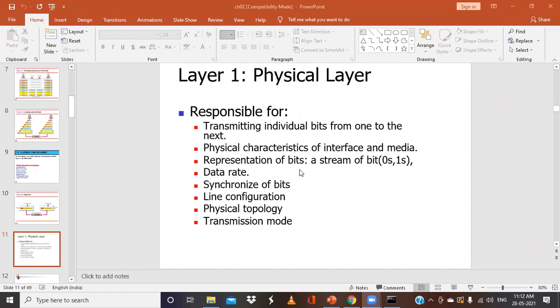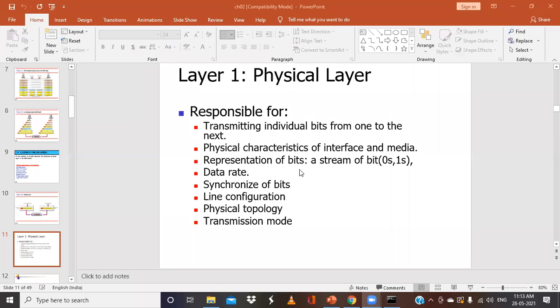The next thing is the data rate, which we can also call the transmission rate. What is the data rate or transmission rate all about? It is the number of bits sent by the device each second. The number of bits sent per second, we call it the data rate, or the transmission rate. This is also defined by the physical layer. The physical layer basically defines the duration of a bit.